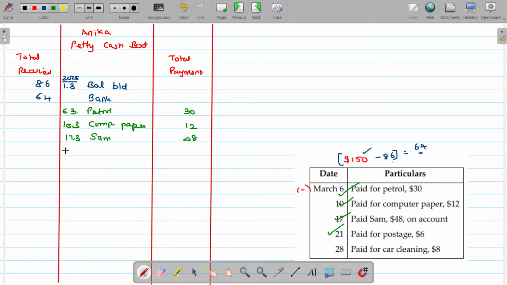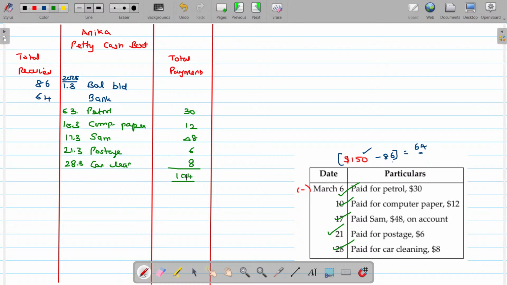And paid for postage on 21st March, $6. Paid for car cleaning on 28th March, the value being $8.